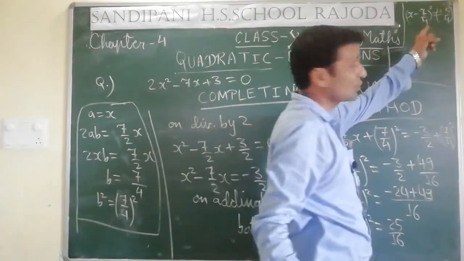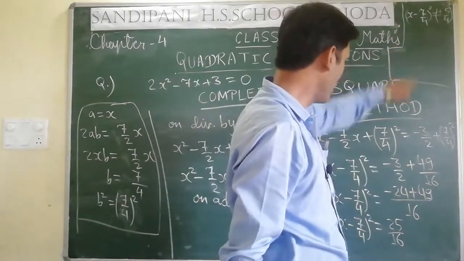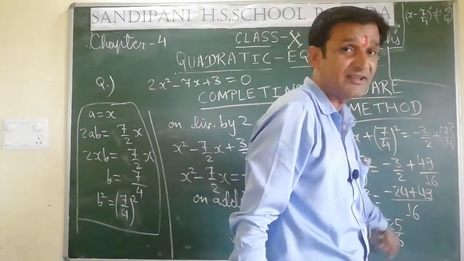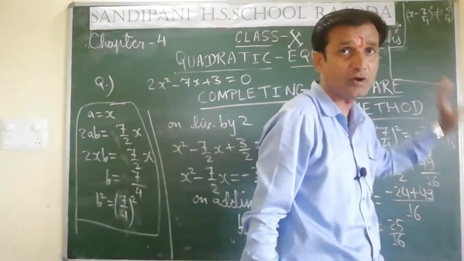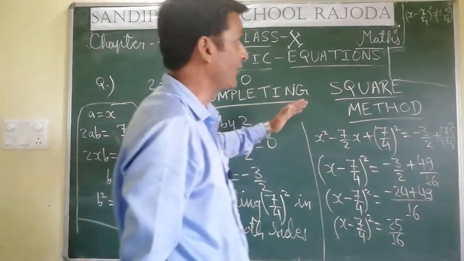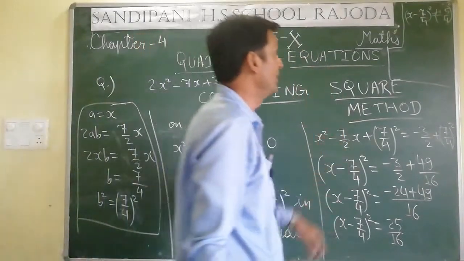So these squares are cancelled. Why I am taking plus 5 by 4 and minus 5 by 4? Because positive 5 by 4 square is also 25 by 16 and negative 5 by 4 square is also 25 by 16 only. And of course we are solving quadratic equation. So that's why two values we have to take out from this.